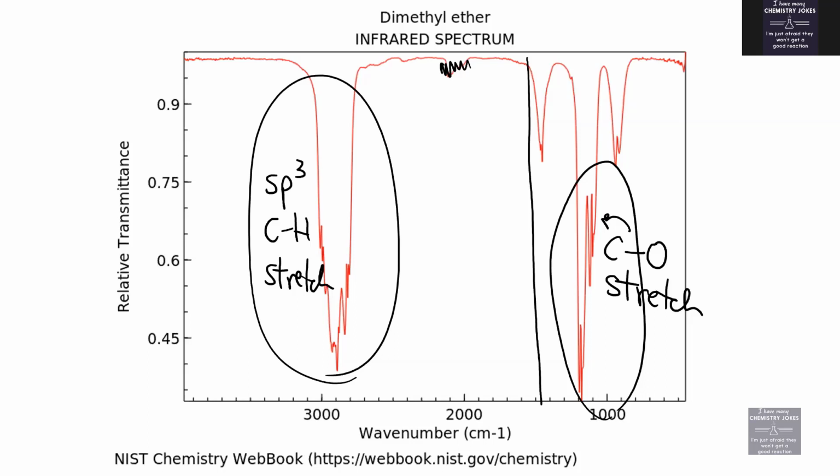But an ether compound has nothing to identify in the functional group region besides alkane stretches, those sp3 CH stretches. So we look into the fingerprint to identify a C single bond O stretch for an ether. If you look back at that alcohol IR, it also has a C single bond O stretch. That's what's labeled in the fingerprint region, but that's neither here nor there. Moving along.